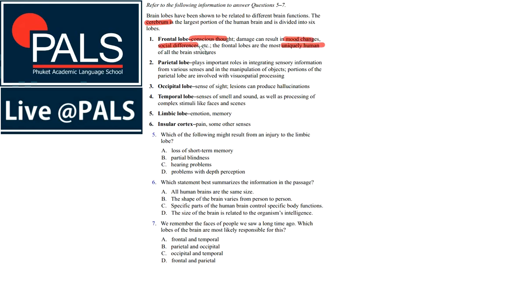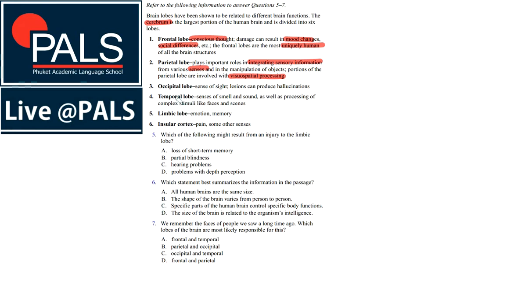The parietal lobe plays an important role in integrating sensory information from various senses and the manipulation of objects. Portions of the parietal lobe are involved with visual spatial processing. So with what we see and the space, like how far objects are away from us, that's what visual spatial processing is.